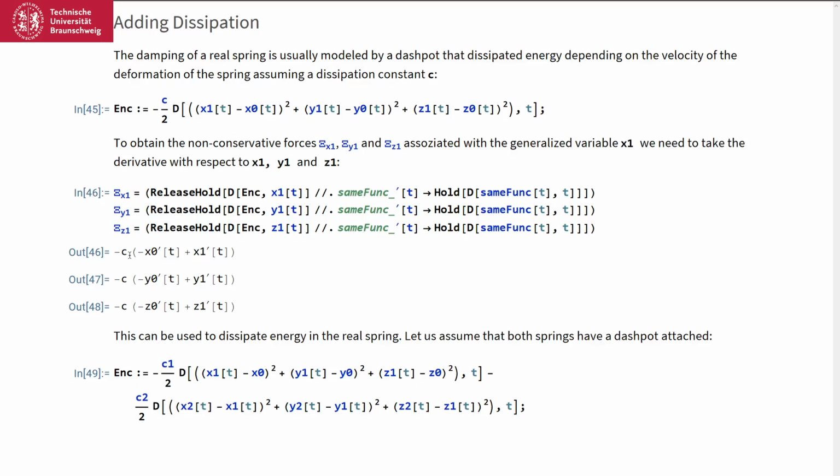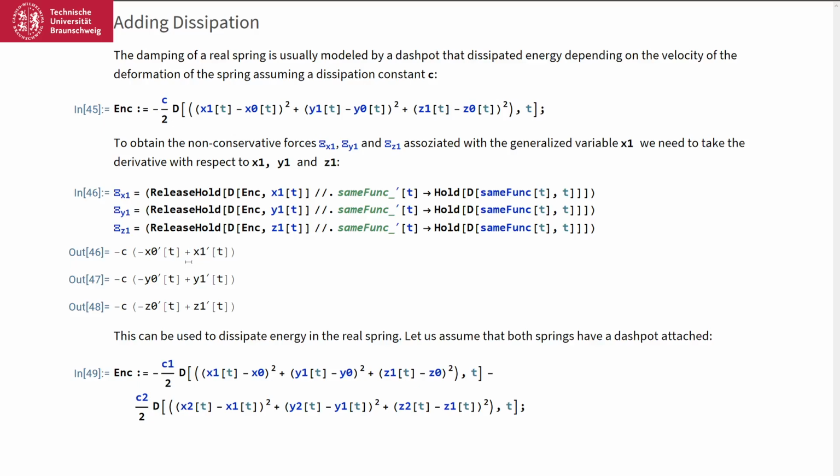There you have the elongation of the spring, x minus d, times k, and then there is the damping, which we call dashpot, which is c times x dot. So this is this force here.